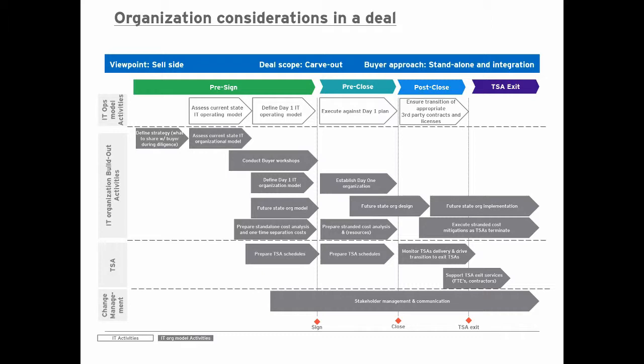Coming back to this scenario, as discussed before, the viewpoint is from a sell side perspective where an organization is selling part of the organization. The scope would be a carve out, meaning the seller is selling a part of their business. From a buyer's approach perspective, the buyer could either stand up the whole company or integrate the company into their own organization.